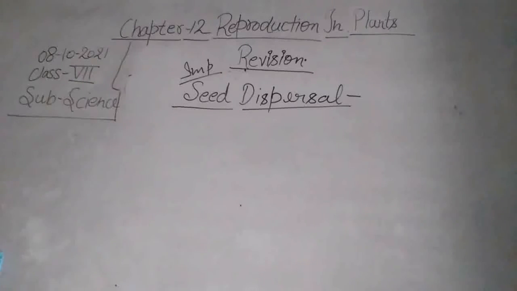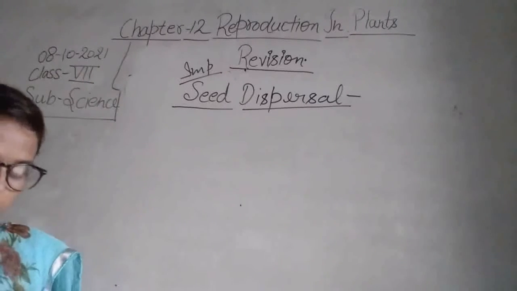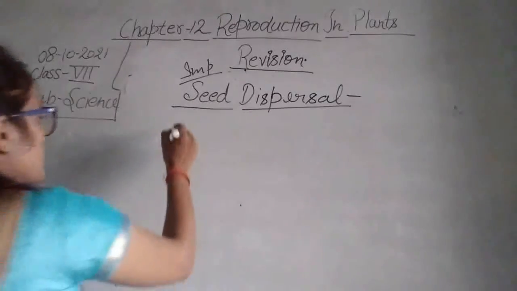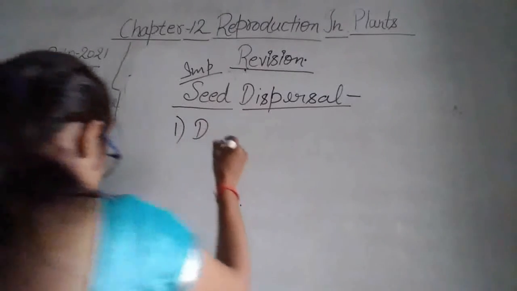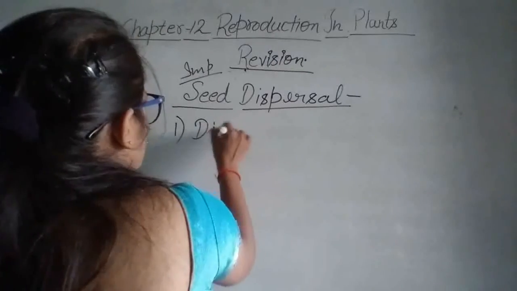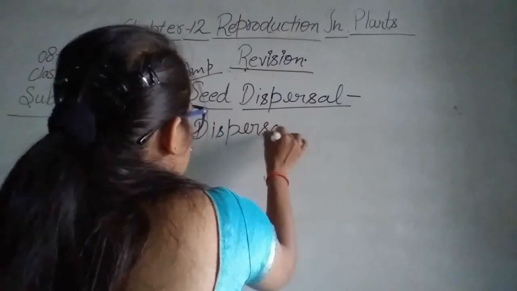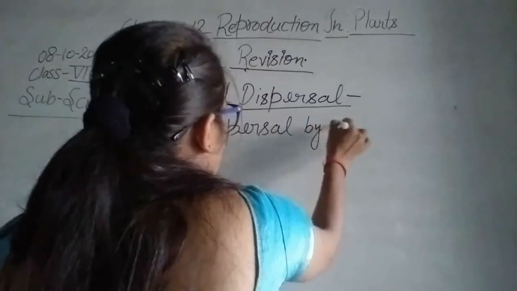First is by air, second by water, third by animals, and fourth by bursting. First point, dispersal by air.